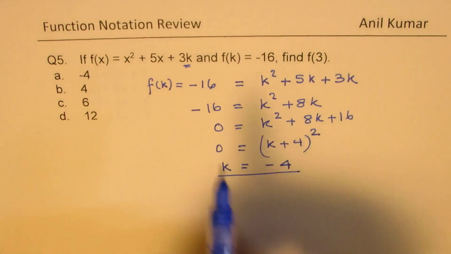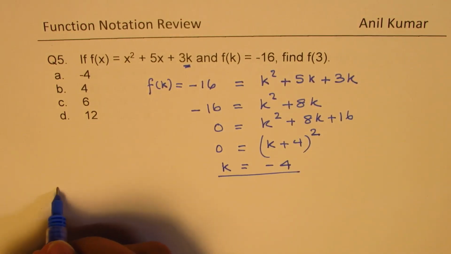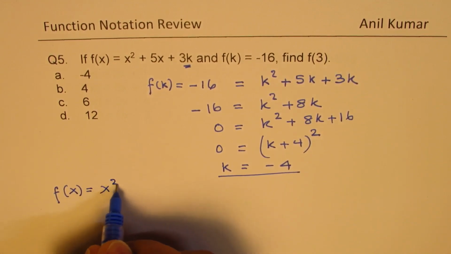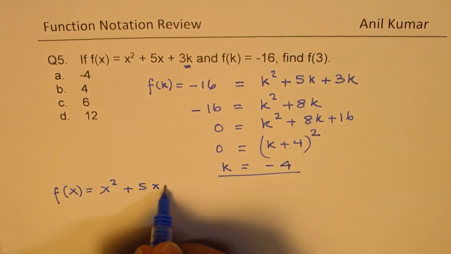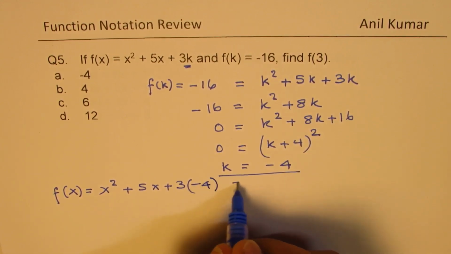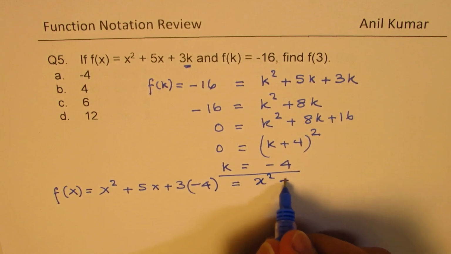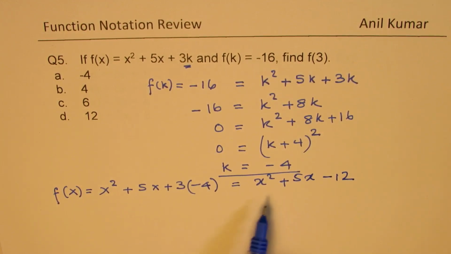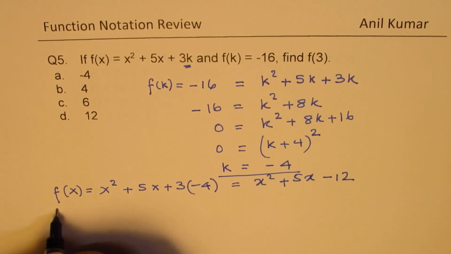Substituting this value of k in our function, we know that f of x should be equal to x squared plus 5x plus 3 times minus 4, right? So which is x squared plus 5x minus 12. So the function now is x squared plus 5x minus 12. We need to find the value of f of 3. So we'll just plug in 3 for x.